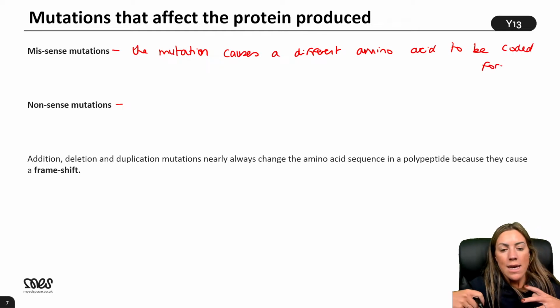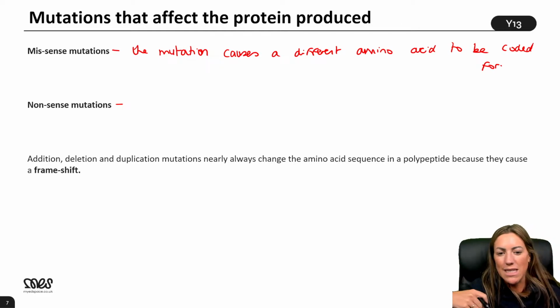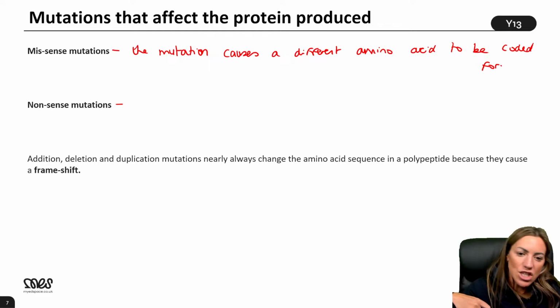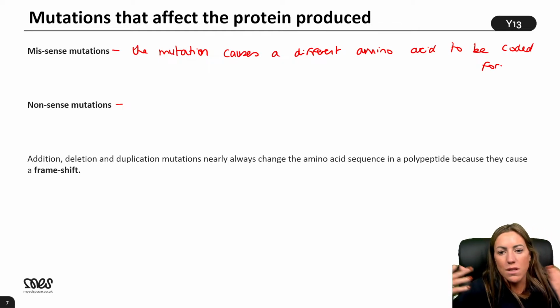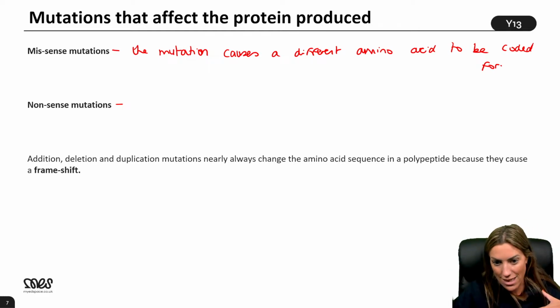So maybe the base sequence was meant to be AGT, but now it's TGT and it codes for a different amino acid. So it was meant to be one amino acid in the sequence, but you've ended up with a different amino acid in the sequence. Yes, Johan.